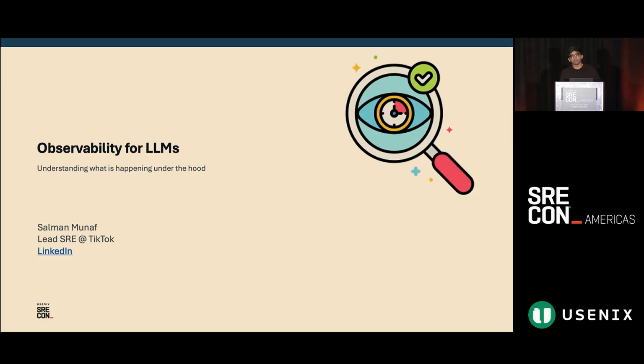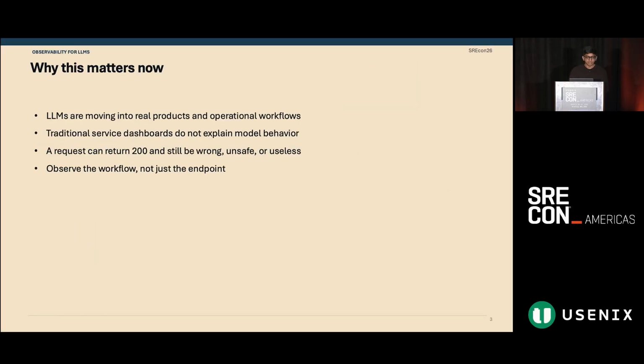Today, I will be going over a practical model on how to observe these systems, what key signals we need to monitor, what new failure modes show up, and lastly, how we can start building an observability stack for those systems. So why does this matter now?